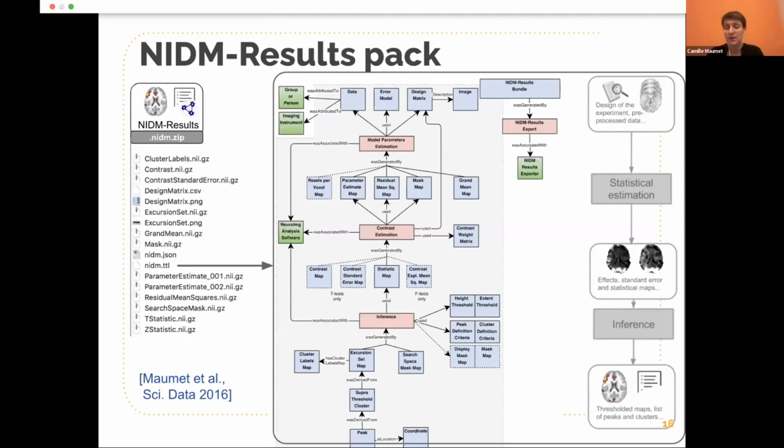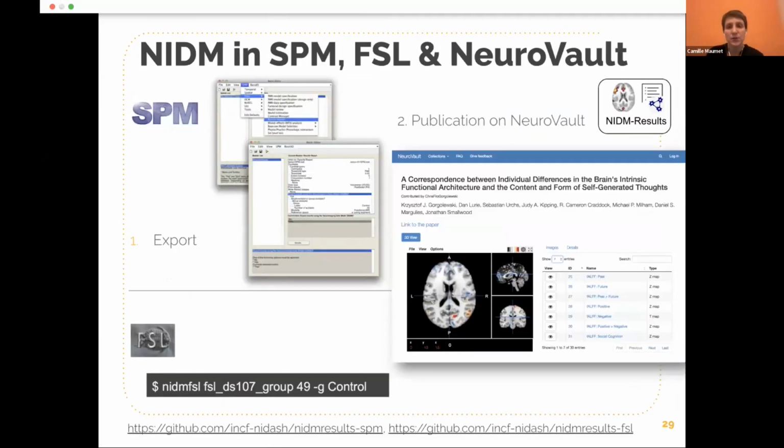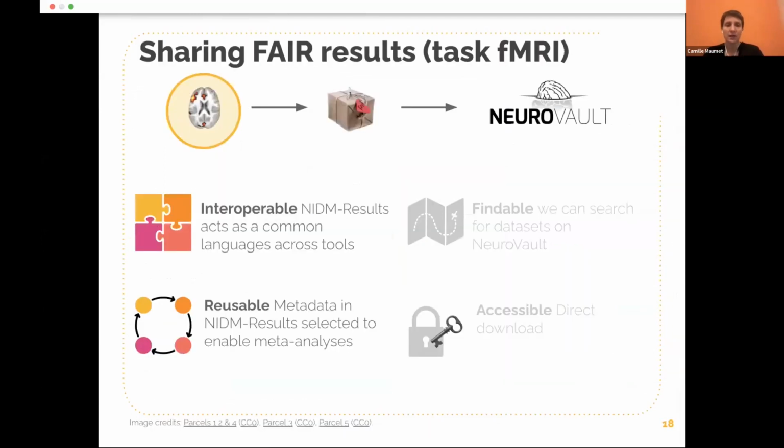So the statistic maps, of course, but also the contrast maps, the parameter estimates corresponding to the different regressors, and so on. And so there are exporters for NIDM-Results, and this can be imported into NeuroVault. And again, we've gone through the full circle of FAIR: findable, accessible, interoperable, reusable, and here our standard is NIDM-Results.